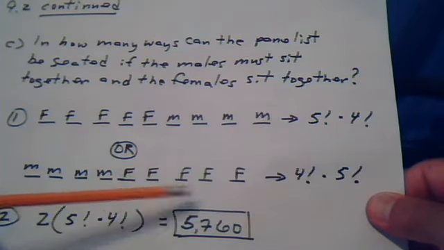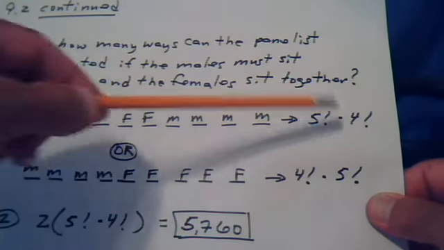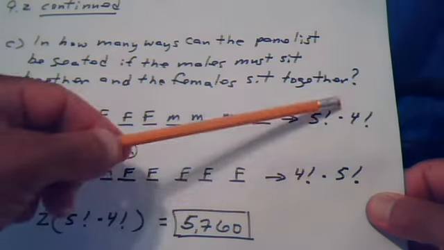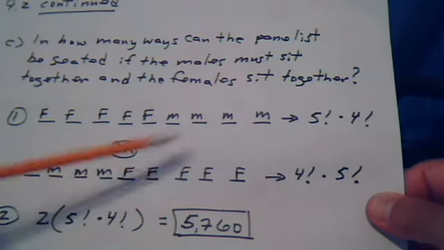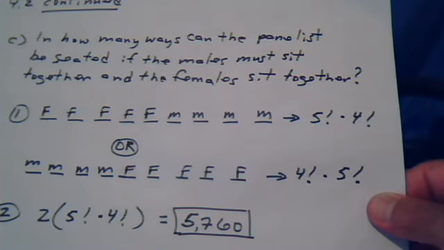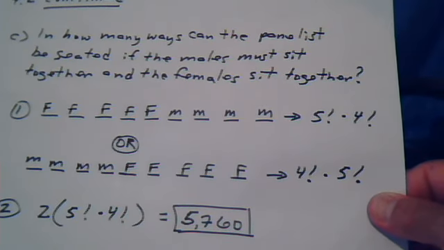Here are the females, it's 5 factorial. So you multiply this, and add them, or since these are the same, just say one of these times 2. And you get 5,760 ways the panelists can be seated if the males must sit together and the females sit together.